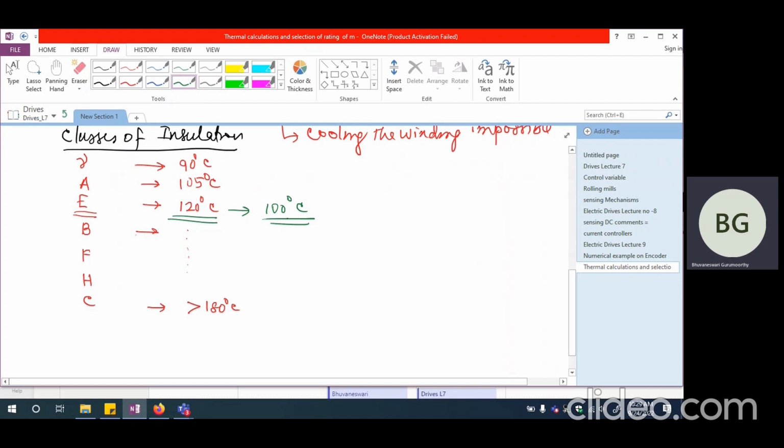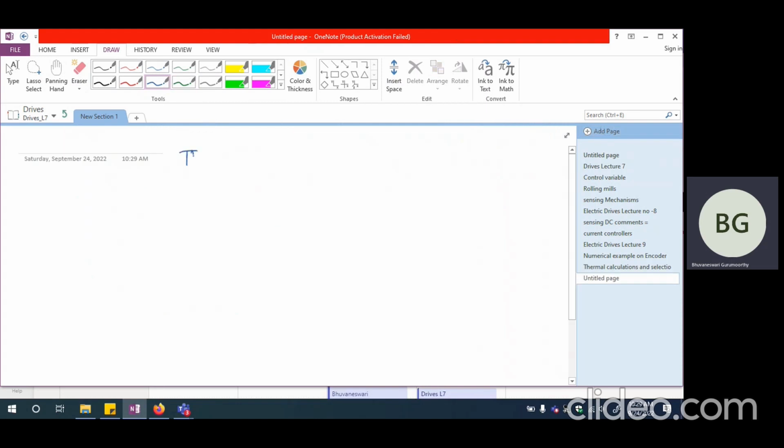So we have to ensure that the insulators are protected and are not going to be really getting overheated. So for this purpose, when we talk about the temperature rise, it's very, very important to develop a thermal model for the electric motor.